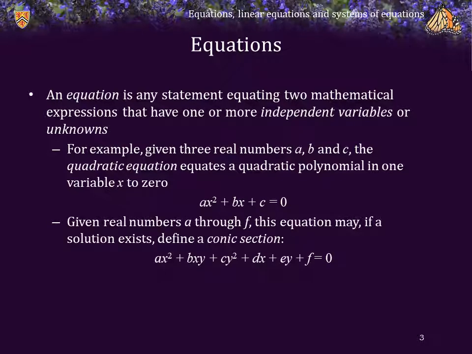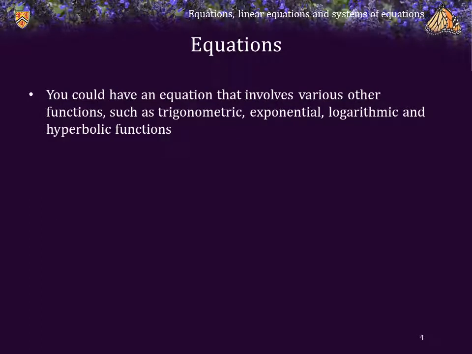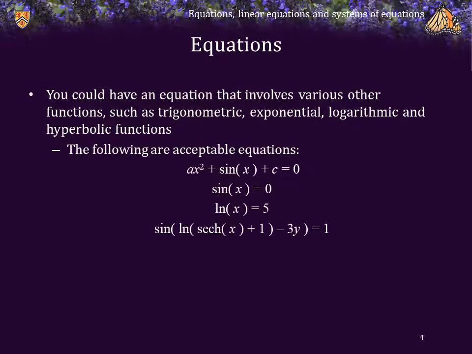Given real numbers a through f, the following equation may, if a solution exists, define a conic section. Now, you can have an equation that also involves other mathematical functions, such as trigonometric, exponential, logarithmic, and/or hyperbolic functions. Consequently, all of these are acceptable equations, some in one, some in two variables.